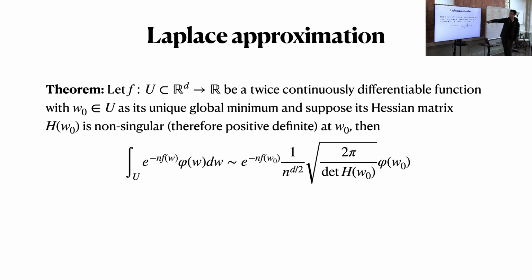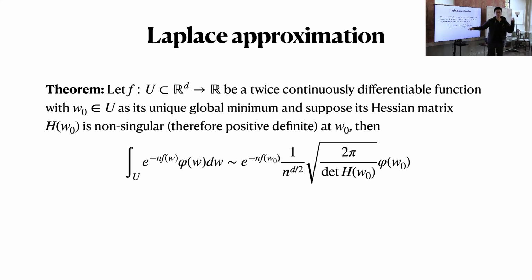Then consider the integral of e to the negative n f times some positive function phi. Think of phi as a prior. So e to the negative n f of w is the integrand, and we are interested in what happens as n goes to infinity. As n goes to infinity, nothing else except the minima matters.